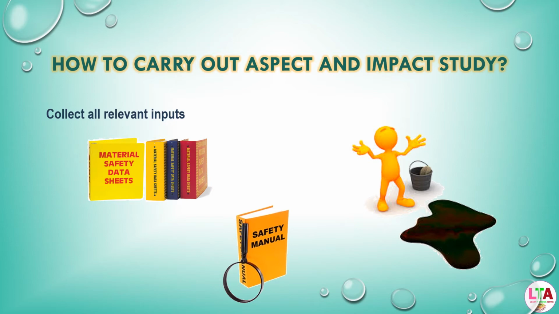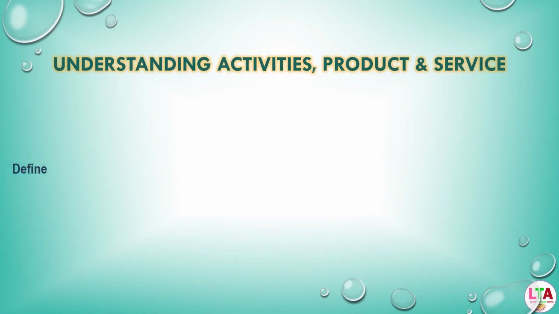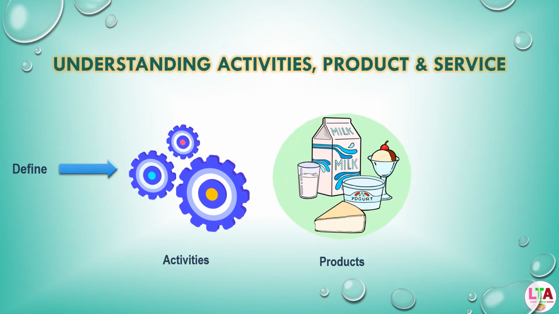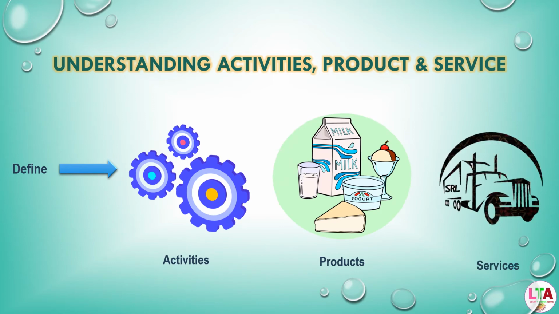In the same way, we need to collect all the relevant inputs we have and what we need. And then we need to define what activities we are performing, what products we are producing, and what services we are doing. So we need to define the activities, products and services.